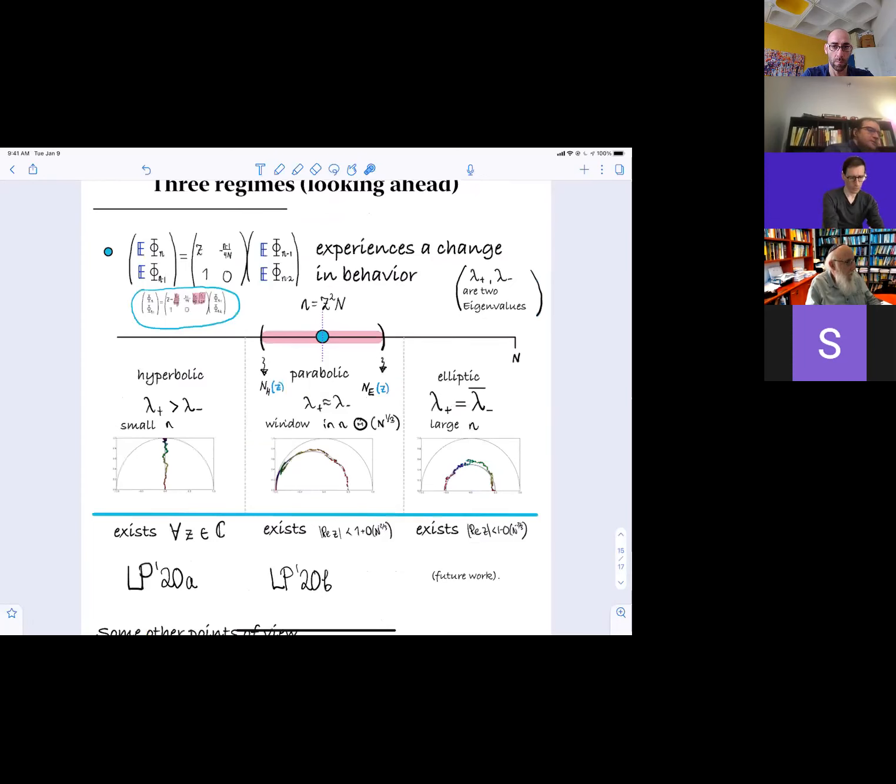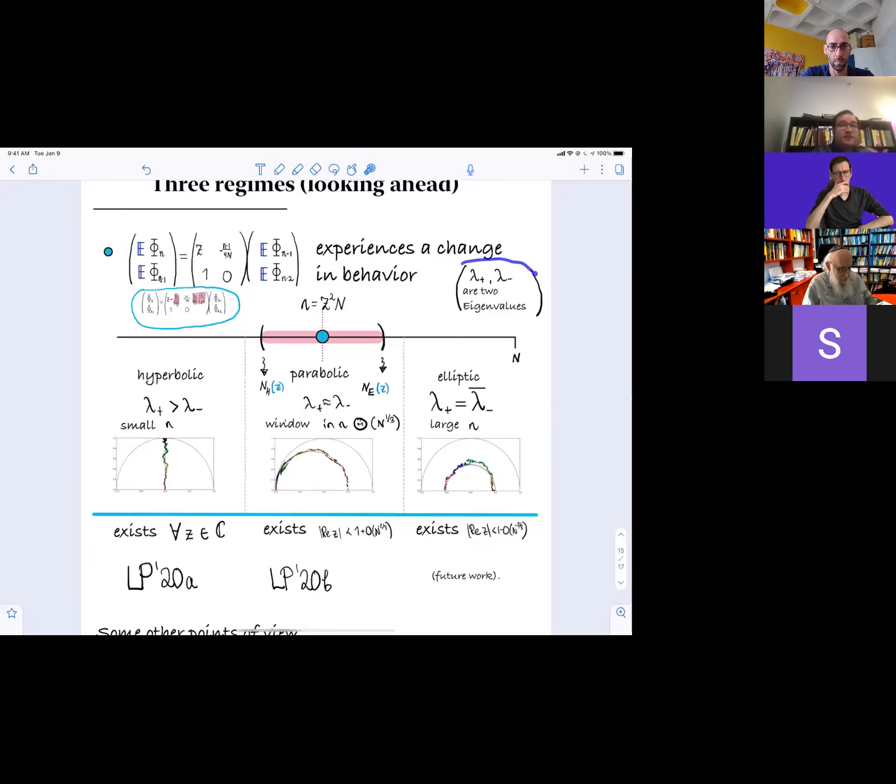So the recurrence for the characteristic polynomials actually looks like a perturbation of a deterministic recurrence, which is the one where you just take expectation of that recurrence. This 2x2 matrix, as you vary little n, as you vary z, as you vary its parameters, will undergo a transition in terms of the type of eigenvalues it has.